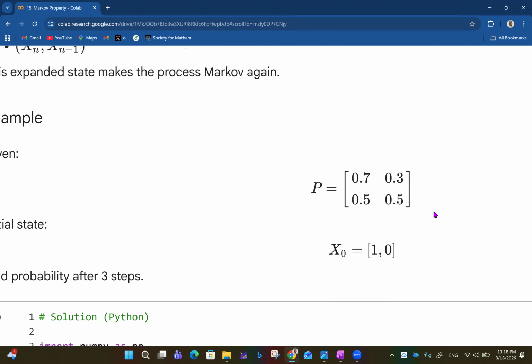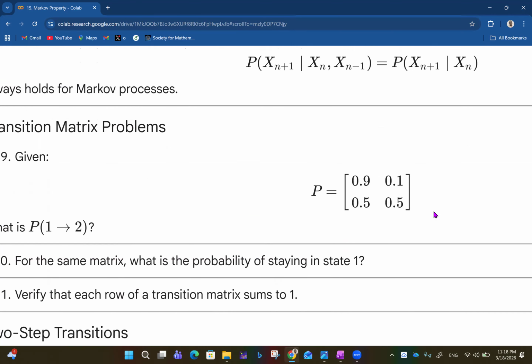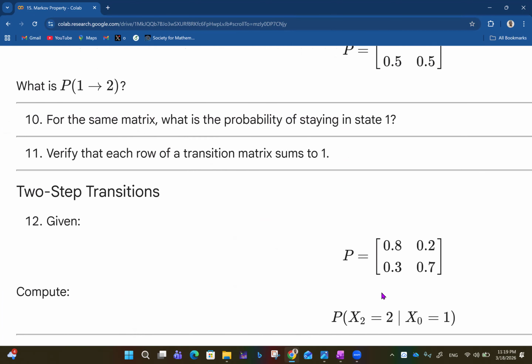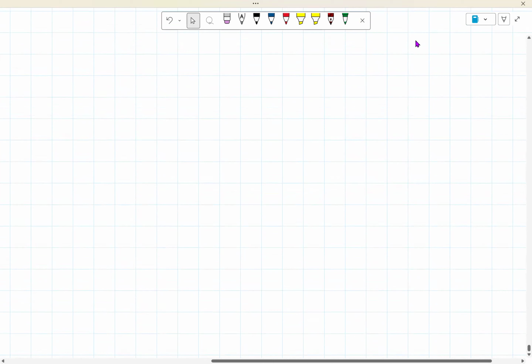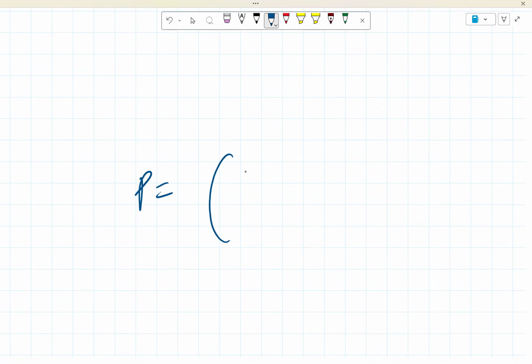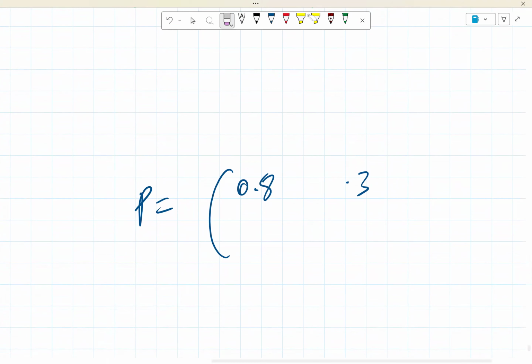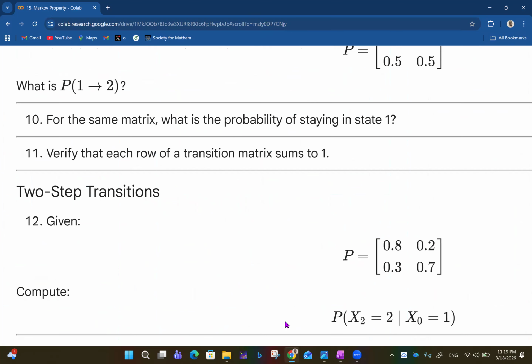I'd be happy to still refer to that to be very sure. Where is that now? Yes, this. So we have 0.8, 0.2, 0.3, 0.7, like this. So that's what we have.